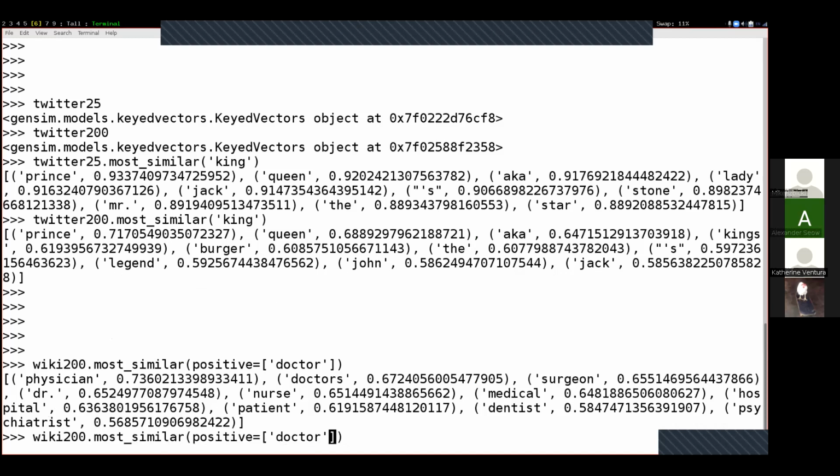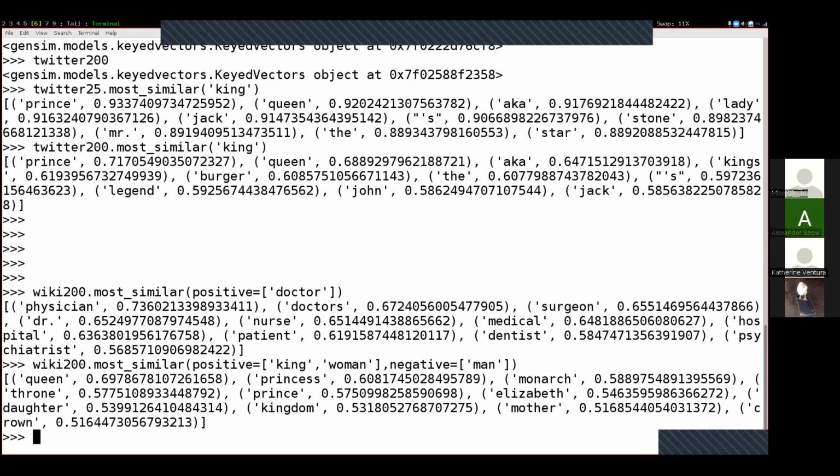But previously we did king plus woman minus man, which gives us queen. We can take a masculine word like king and find the associated feminine word like queen.